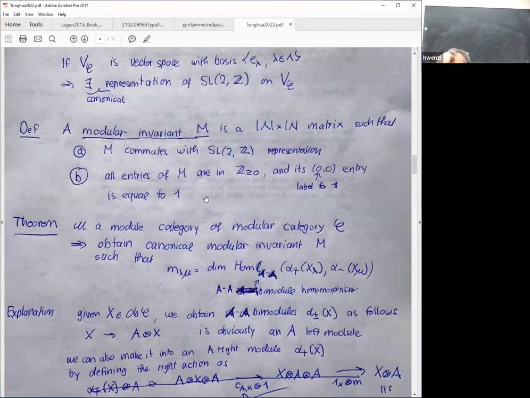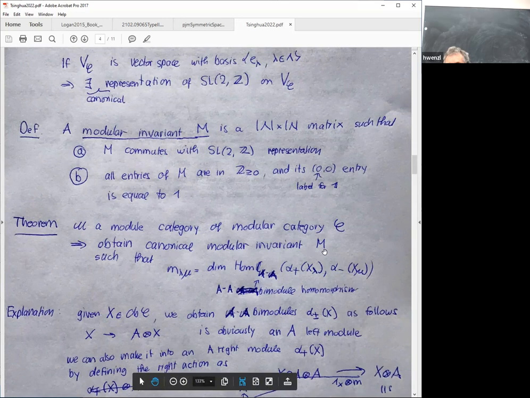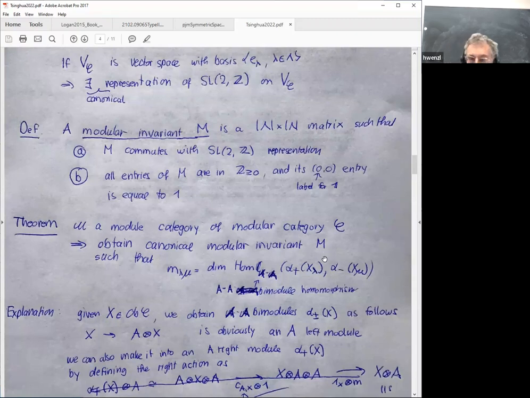So then the theorem which we are going to use is now that if M is a module category of a modular category, then we obtain a canonical modular invariant M. And also I have outlined here how one calculates this matrix M. This may be known to at least some people here, but let me just briefly say how one obtains this matrix M. So there is a canonical way.